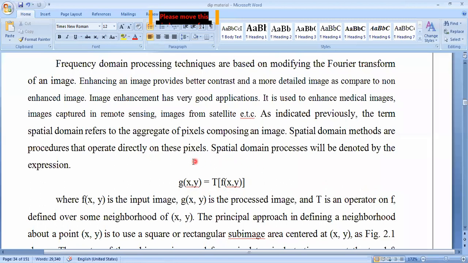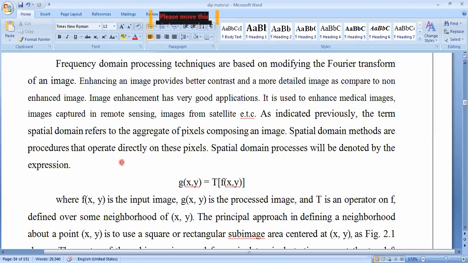Now coming to the spatial domain, here is a general mathematical representation. As indicated previously, the term spatial domain refers to the aggregate of pixels composing an image. Spatial domain methods are procedures that operate directly on the pixels.